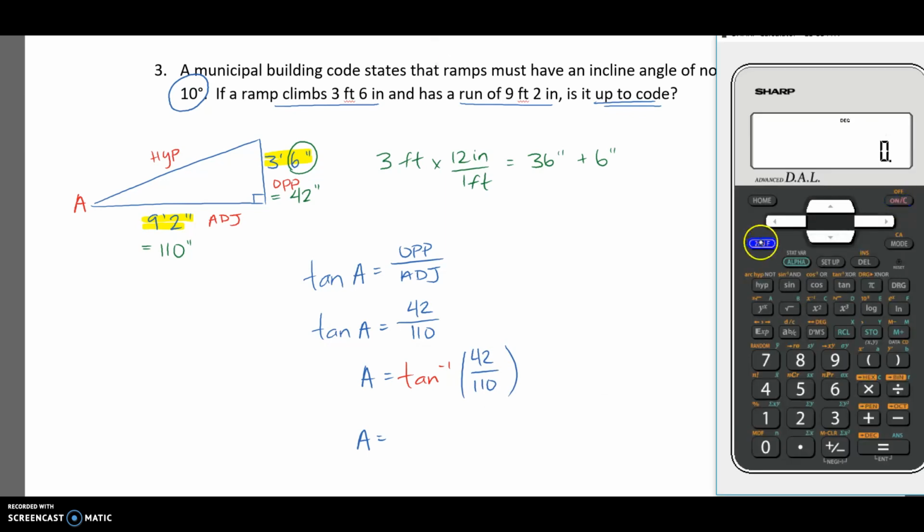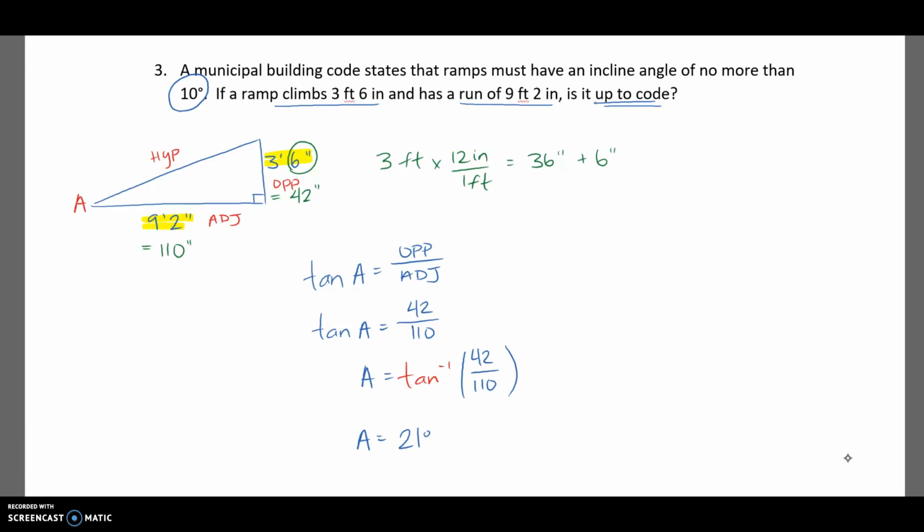The inverse function of tan I get to using my second function of tan, bracket 42 divided by 110, close the bracket, and I get an angle of almost 21 degrees. So this is definitely not up to code. This ramp is much too steep.